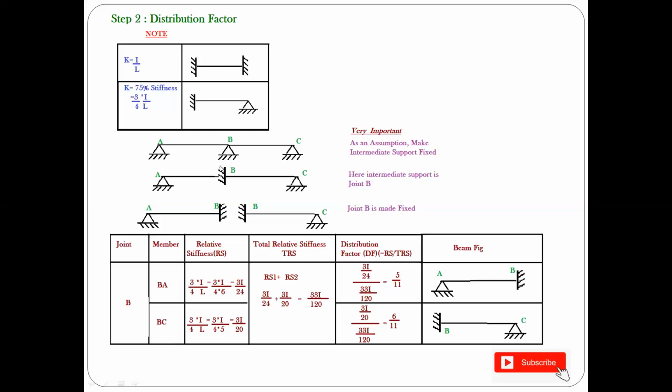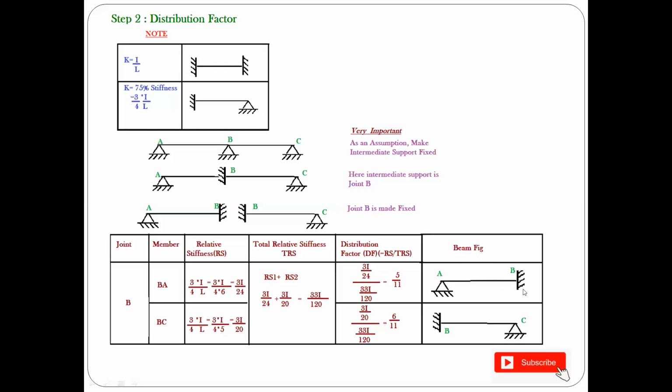So here I replace this hinge by a fixity just for assumption purposes. Later I'll be compensating for this assumption. So I'm keeping joint B as fixed, and then I split the beam as AB and BC. Here you can see A is pinned, as I have not changed the support, but B in both figures I have changed to fixity. Now draw the same figure in the last portion, that is your beam figure.